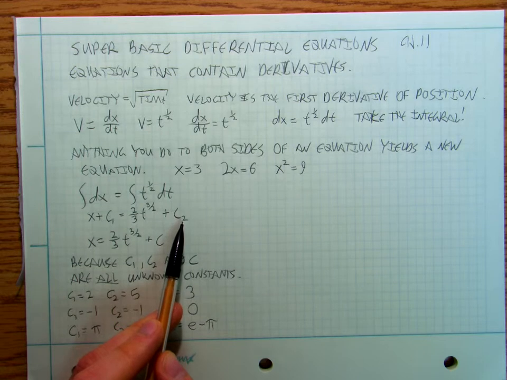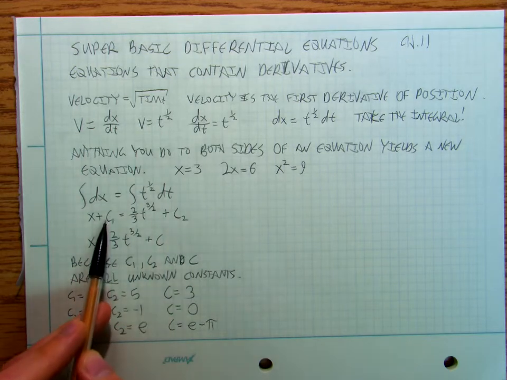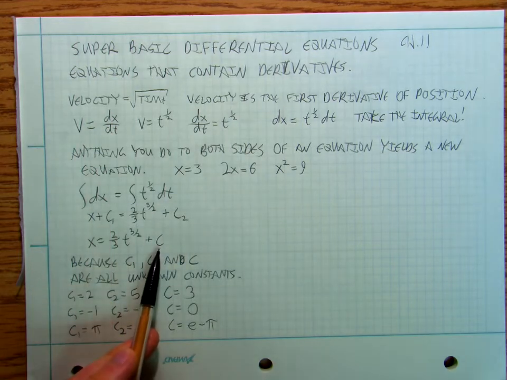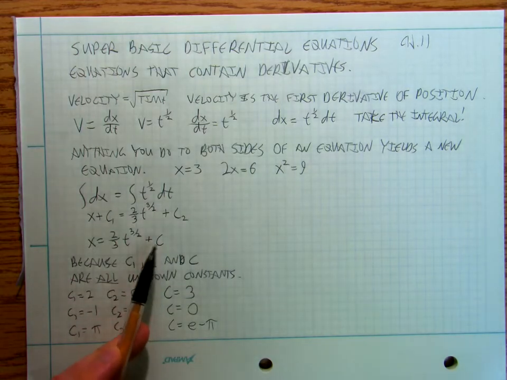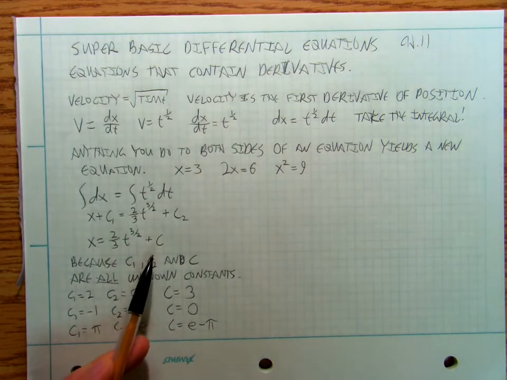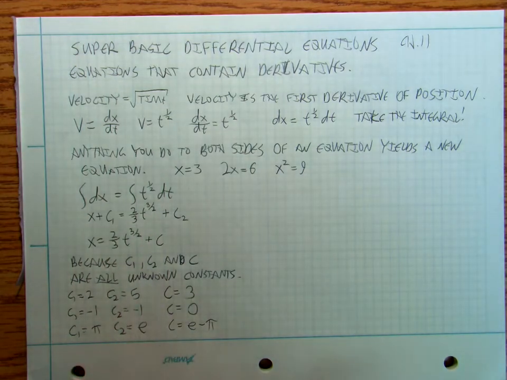I don't know what this number is, but I can subtract off this number, which I also don't know, and be left with a third number that I also don't know. So C stands for some constant that we just don't know.